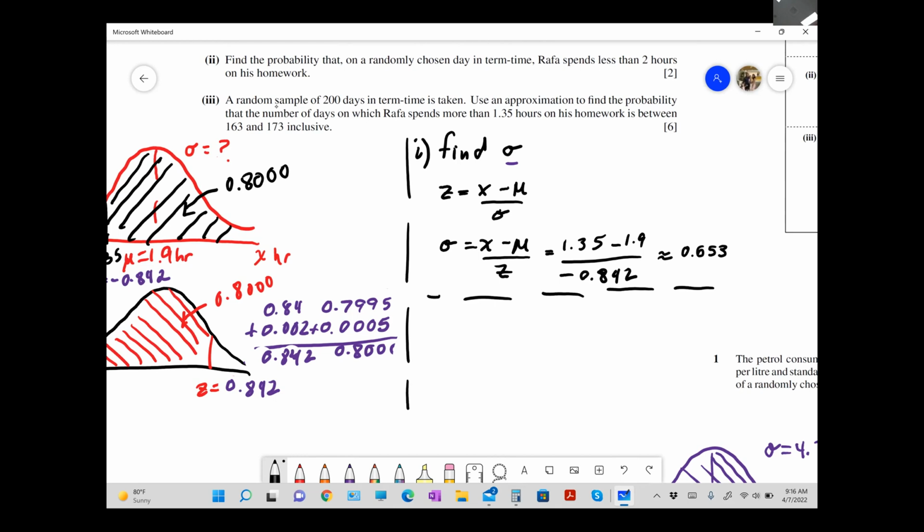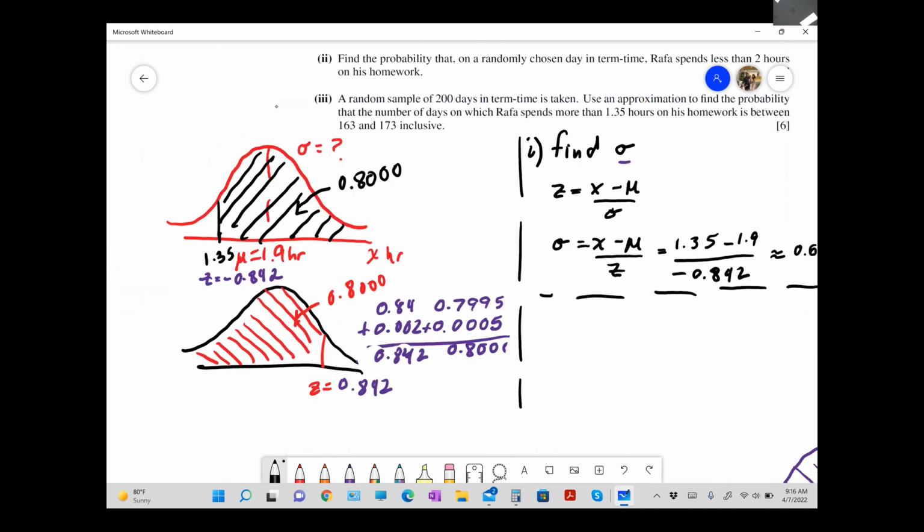No, because negative divided by negative is a positive. Guys, standard deviation has to always come out positive. And that's the answer for part I. We got the negative 0.842 from our z-score.